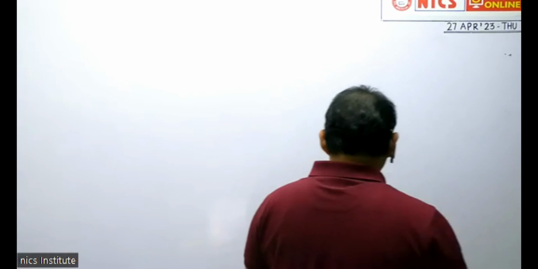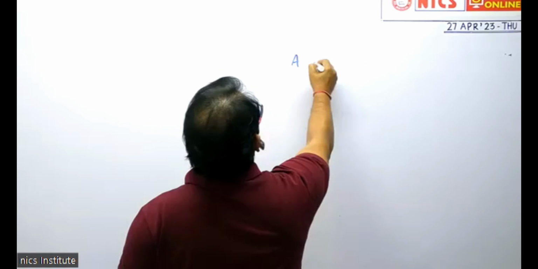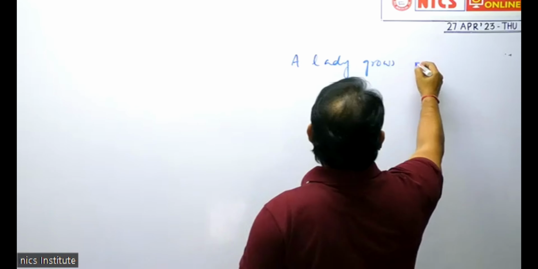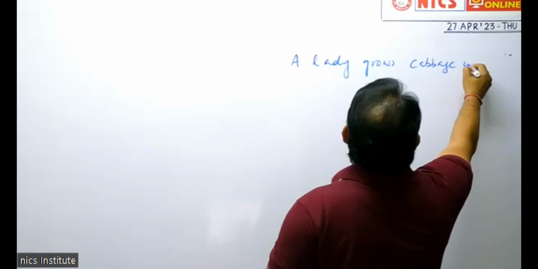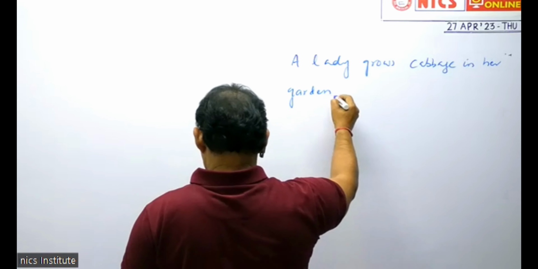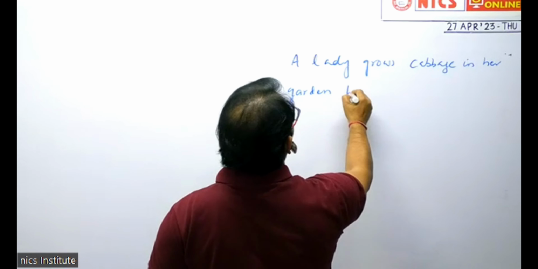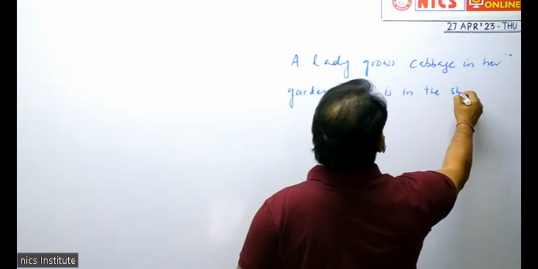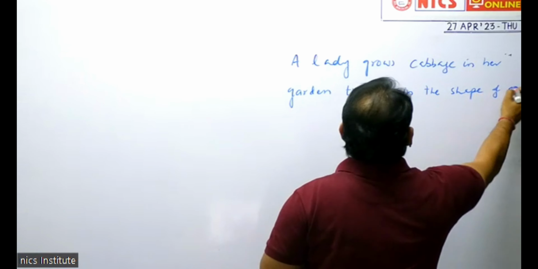This question, I'll read it for everyone. A lady grows cabbage in her garden that is in the shape of a square.